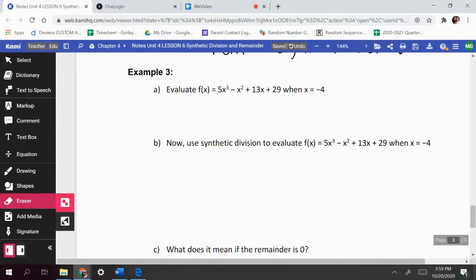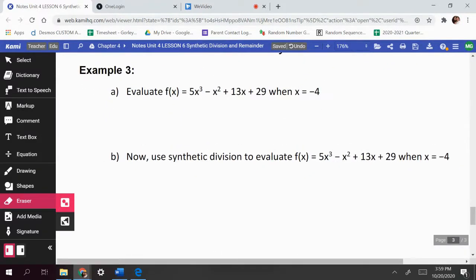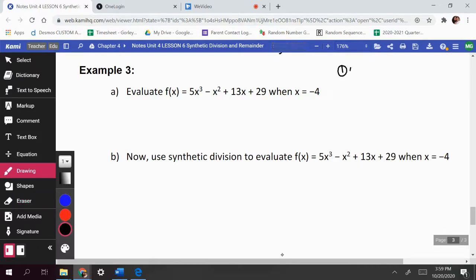In example 3, it says evaluate the following when x equals -4. Okay, there's really 2 ways that we can evaluate this. We can either just simply plug in -4 for x. That would be really an easy way to evaluate.